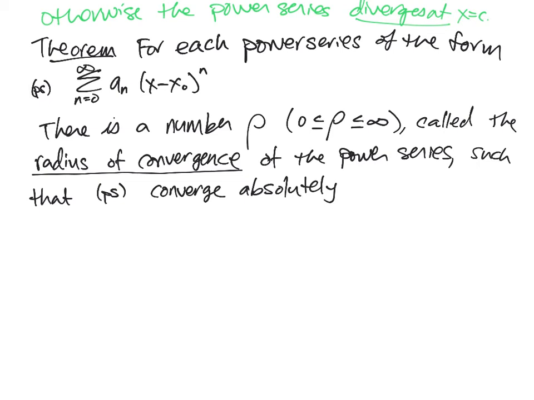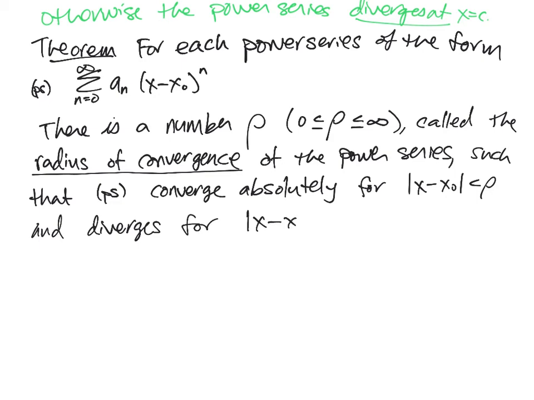We didn't define that, but that's okay. For |x minus x_0| less than rho, and diverges for |x minus x_0| greater than rho.